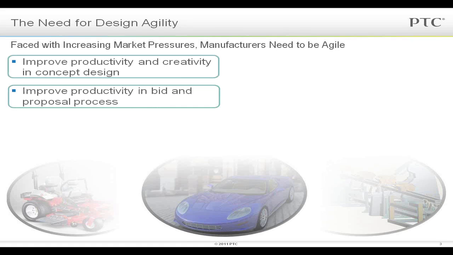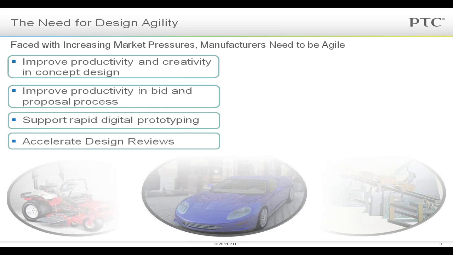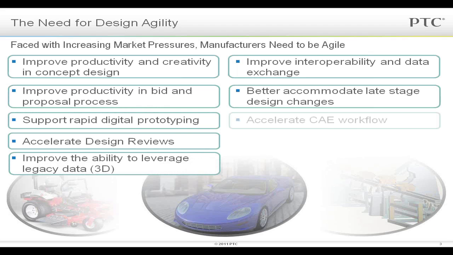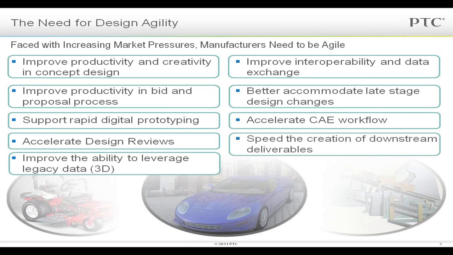Now, what PTC thinks about when we talk about the need to be agile within the engineering environment is really around doing things like improving productivity and creating concepts. Parametric CAD is tremendous at laying down intelligence and laying down geometry. But when I want to change that, it's not often that easy.